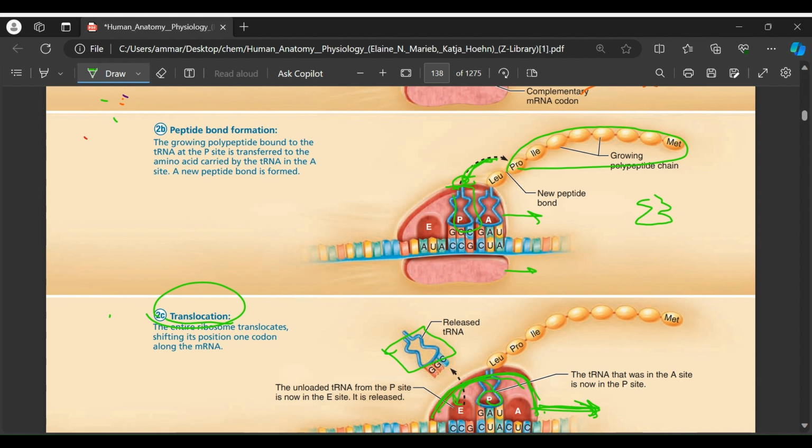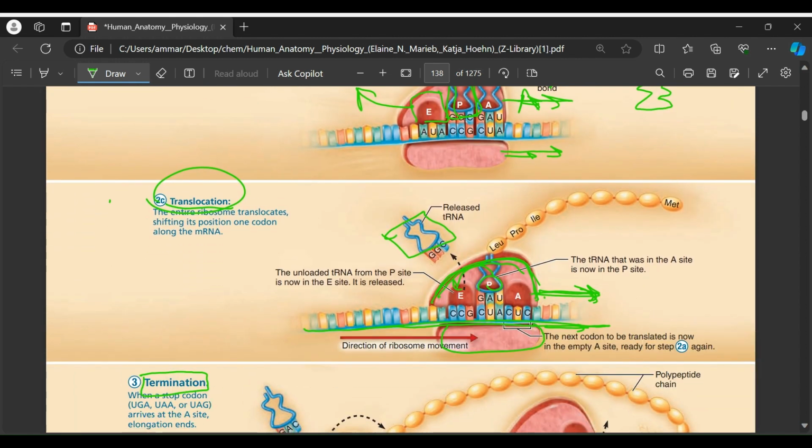After this tRNA gave its polypeptide chain in order to continue building up the polypeptide chain and make it longer, it is not beneficial anymore. So when the ribosome moves like this, it's saying, hey tRNA, you can move to the E, the exit, where you can go. And I need to make a place, the A site here, for a new tRNA in order to continue the process.